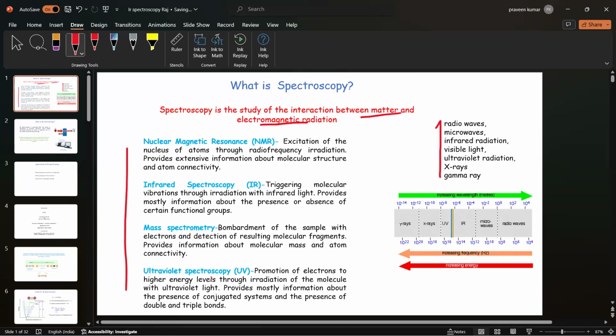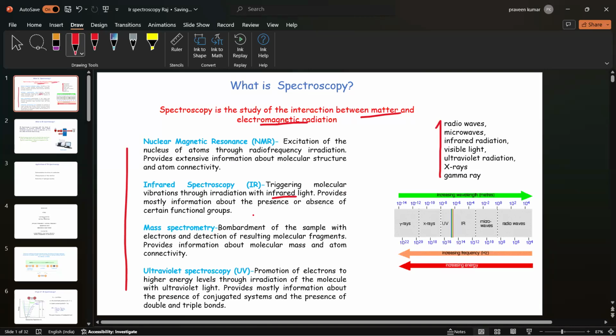As we discussed UV, IR spectroscopy is basically molecular vibration through the irradiation of IR light. Whenever infrared light falls on a molecule, it leads to vibration in the molecule. The whole of IR spectroscopy is based upon Hooke's law.